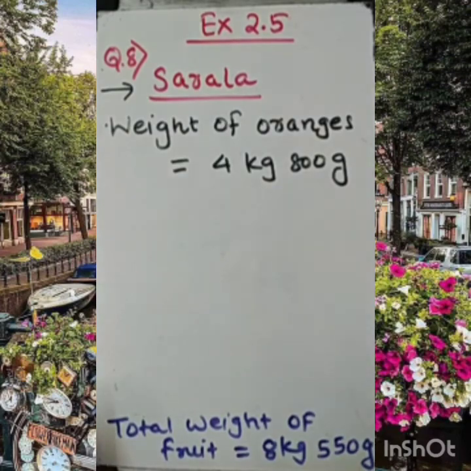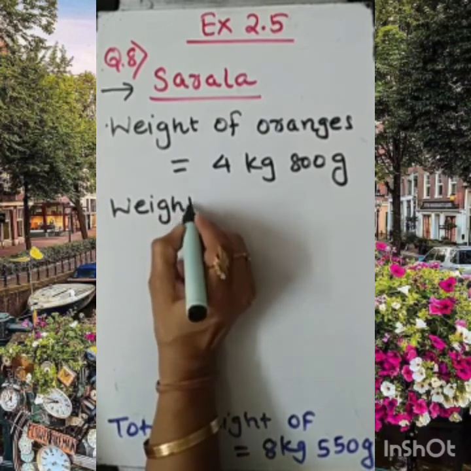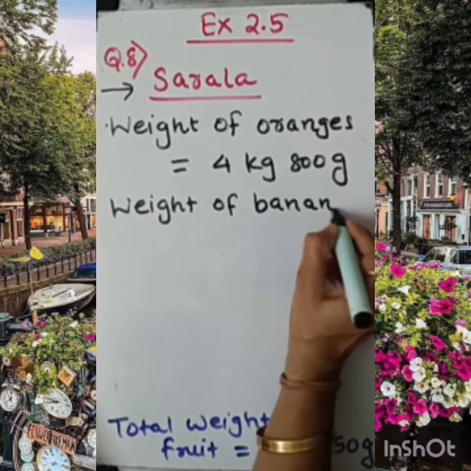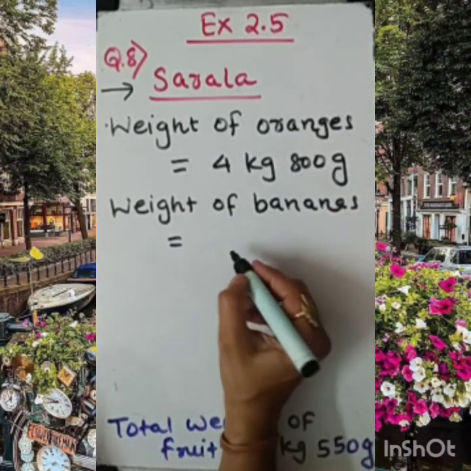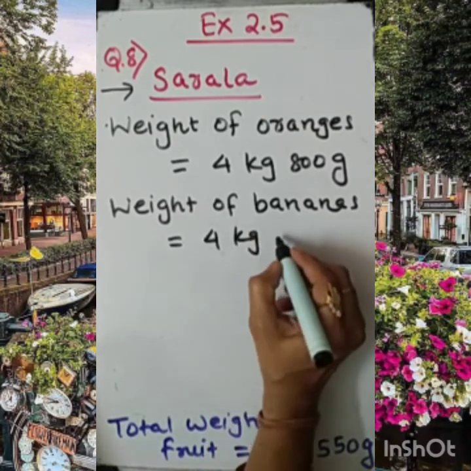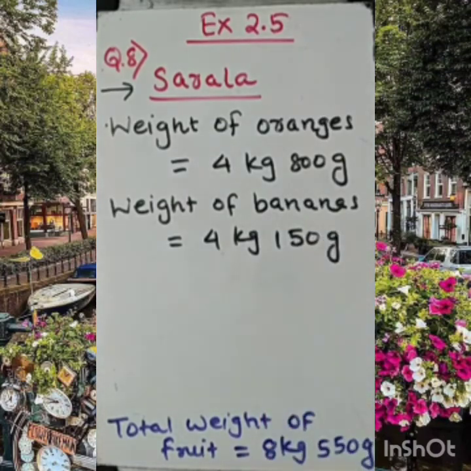Yes, it's correct. Now the other fruit she is purchasing, the weight of bananas. Here the weight of bananas is given in kilogram and gram, that is 4 kg and 150 gram.